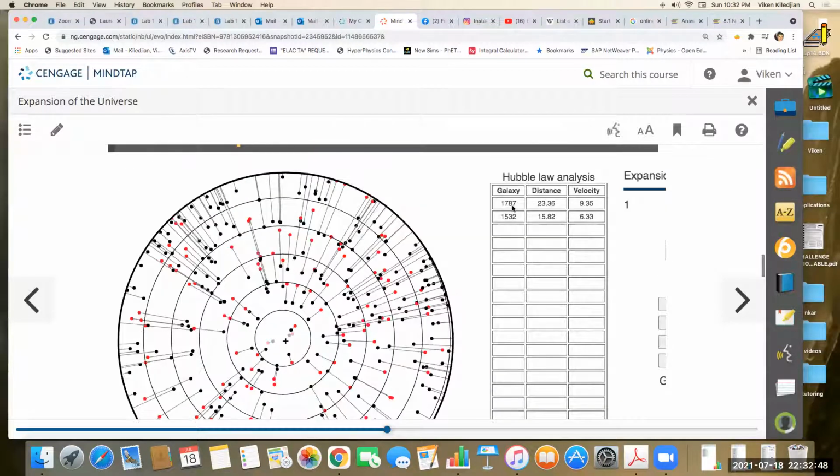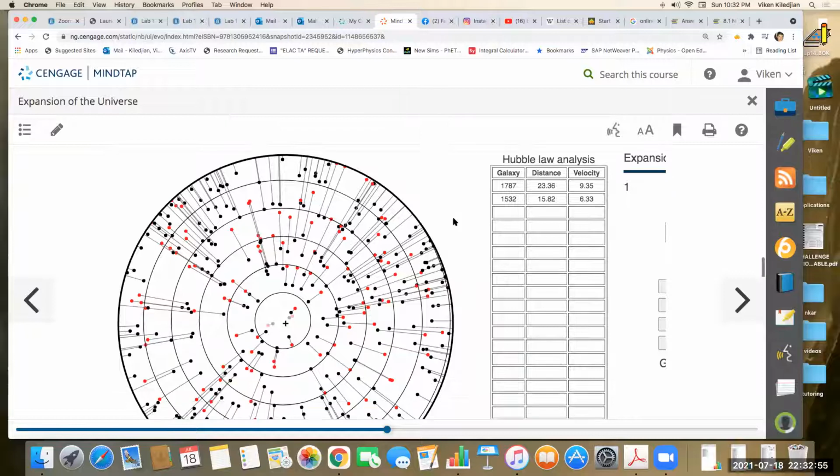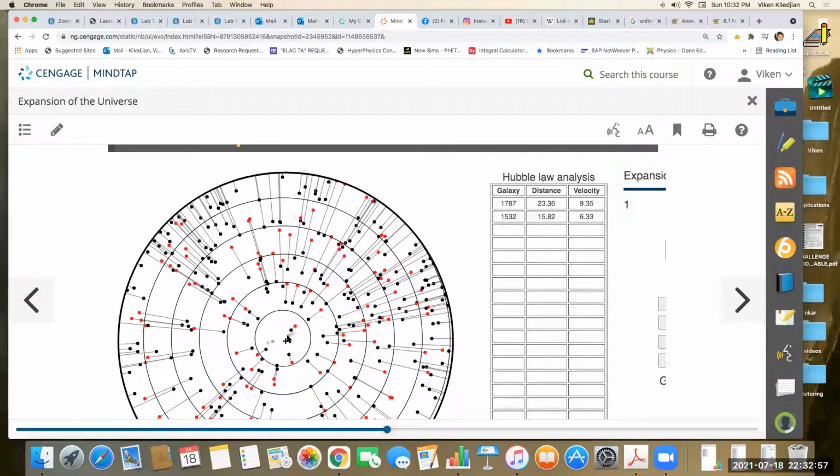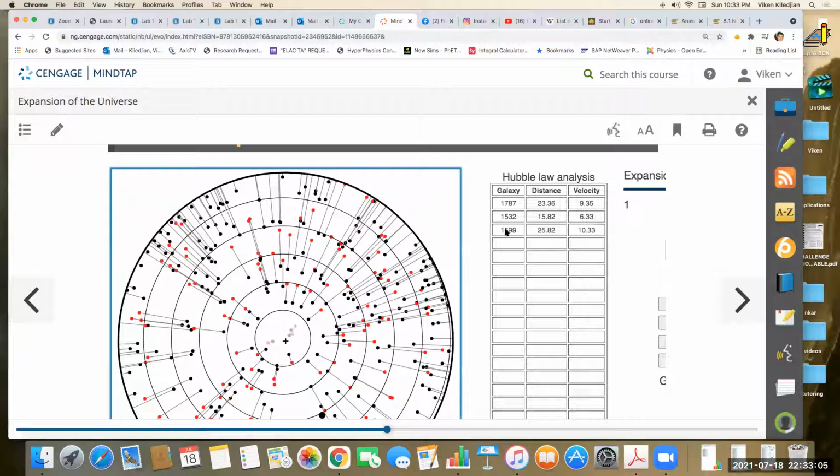This one is the galaxy number, and these are most likely real data. When you click on it, it's going to tell you how far away that is from the Milky Way. It's galaxy 1599, and its distance from us is 25.82. That's probably megaparsecs, but of course they're measuring it in pixels on the screen.